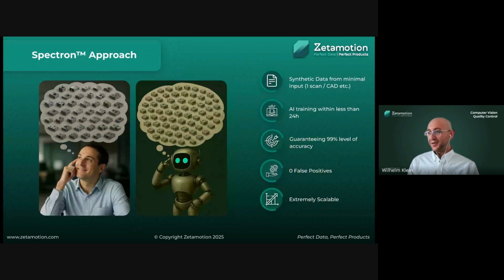But how is it different for us, right? It's different because we have built our inspection platform on the principle of synthetic data. Nowadays, it's not the newest kid in town anymore because you can see it in several places. It was first pioneered in attempts of making autonomous driving a reality because it was too difficult to capture the entire world.